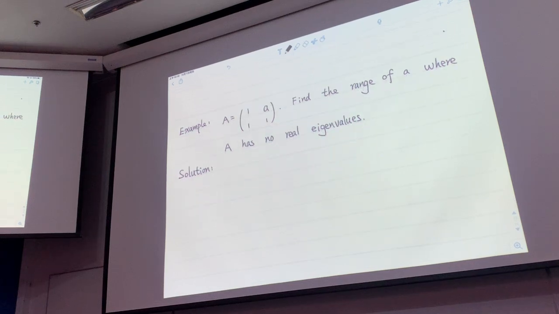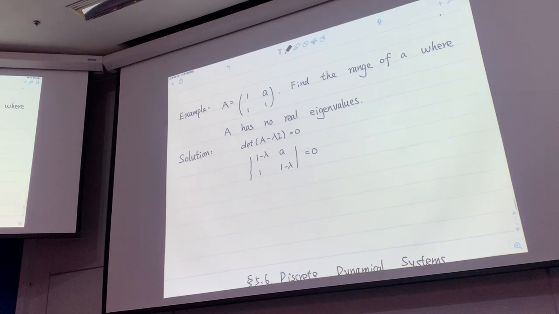Now look at this example. A is this matrix. Find the range of a where A has no real eigenvalues. How to check the eigenvalues? Determinant of A minus lambda I equal to 0, right? So then we can simplify it.